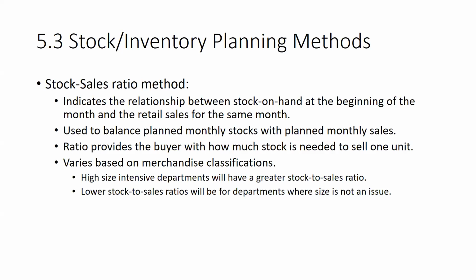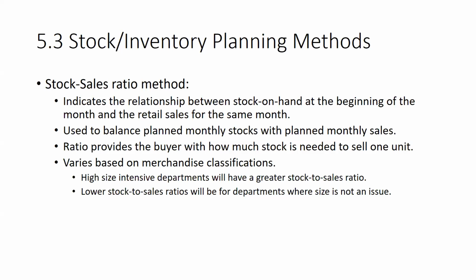So generally you will see in the fashion industry or in the textiles and clothing industry, we would have about between 2.2 to 3.5. That is, for selling one garment, you need to have at least 2.5 or 3 garments, if you may.